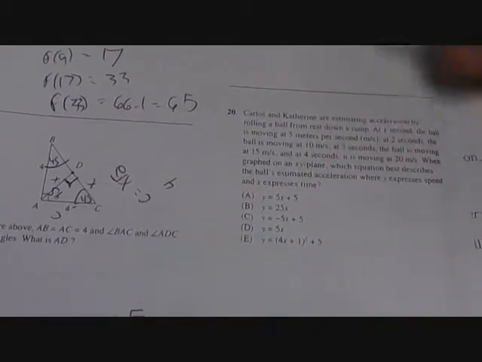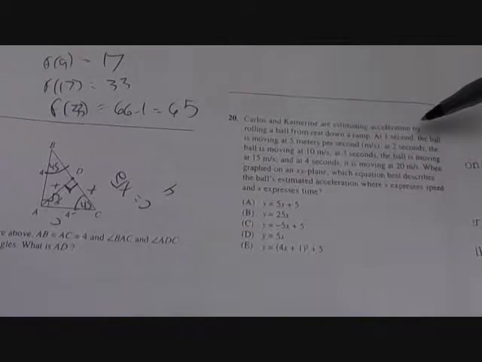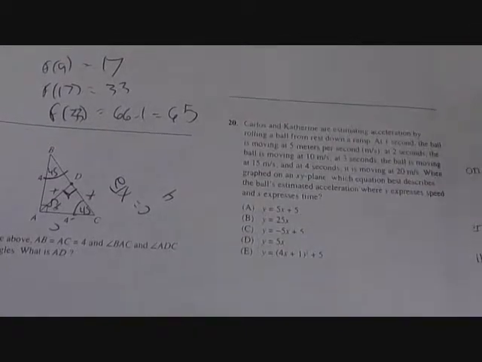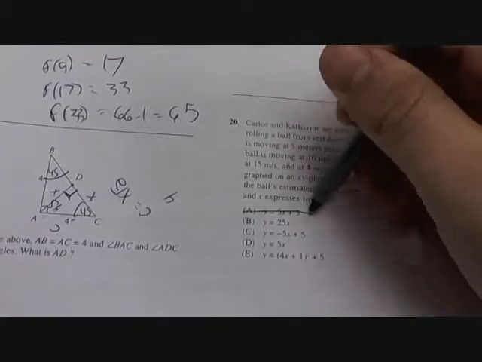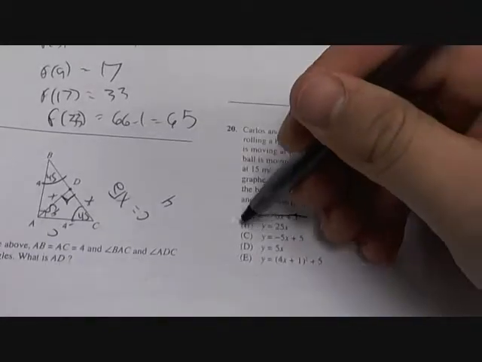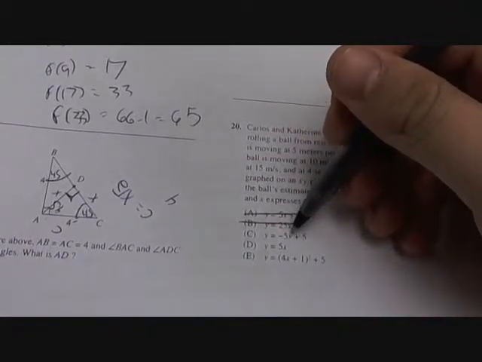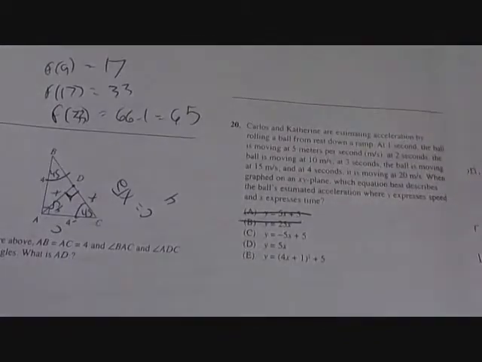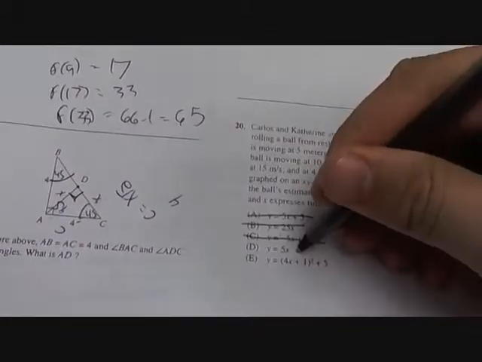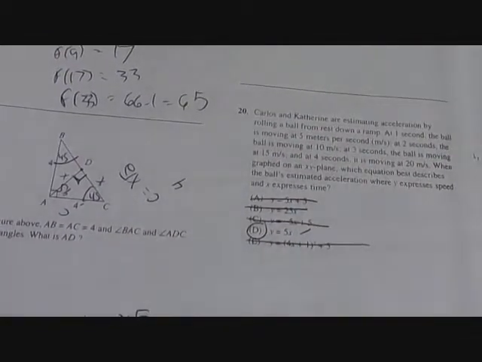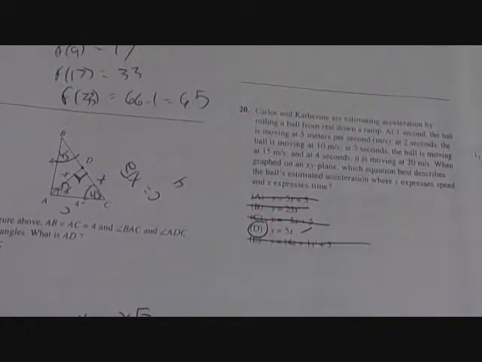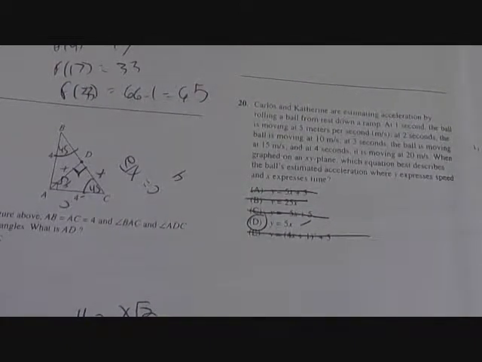So when you plug in 1 for x, the answer has to be 5. 5 plus 5 is not 5. 25 times 1 is not 5. Negative 5 times 1 is negative 5, plus 5 is 0. So that's not 5. This one's right. The other one is wrong. So the answer is D. We didn't have to do any graphing, no algebra, no finding slope. We just plug in the answers, done.